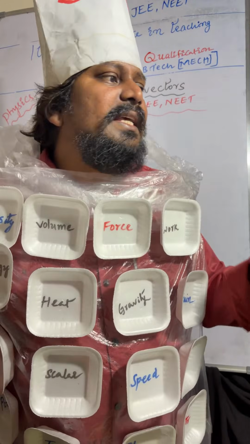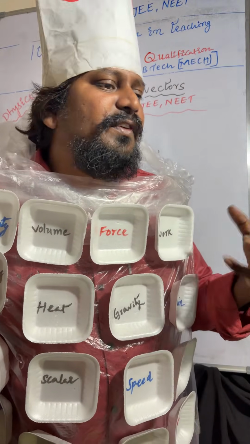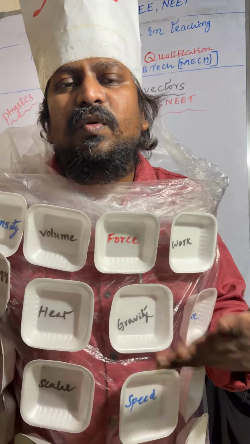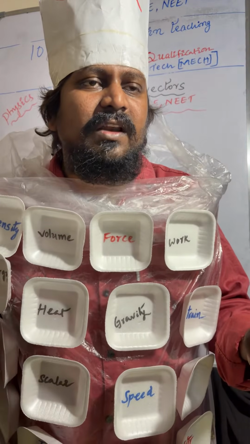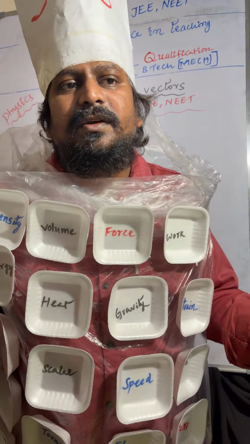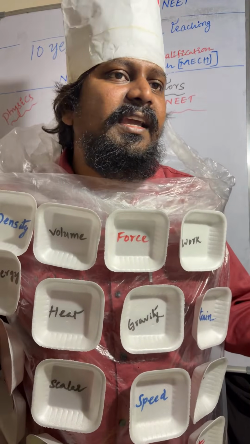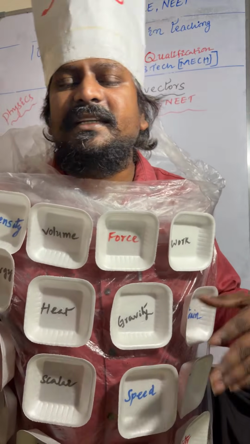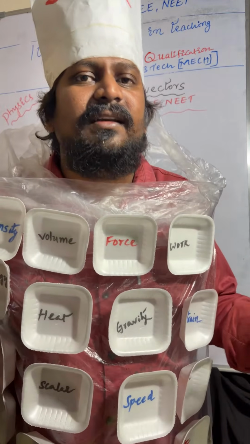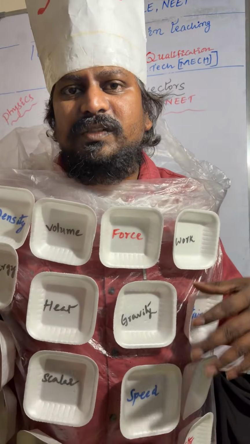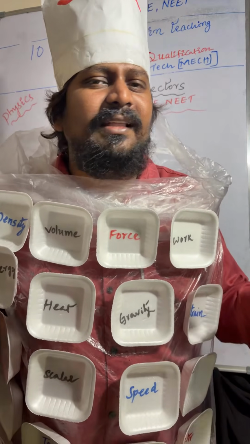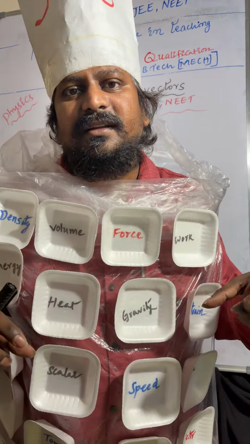Scalar is nothing but the physical quantity which has only magnitude. For example 1 gram, 2 gram, 3 kg, 4 kg, and 1 liter, 2 liters, 3 liters; only magnitude is there.